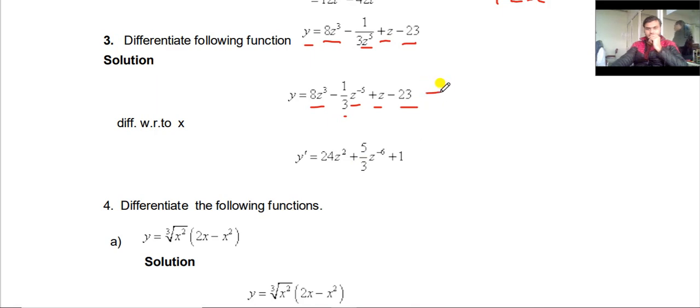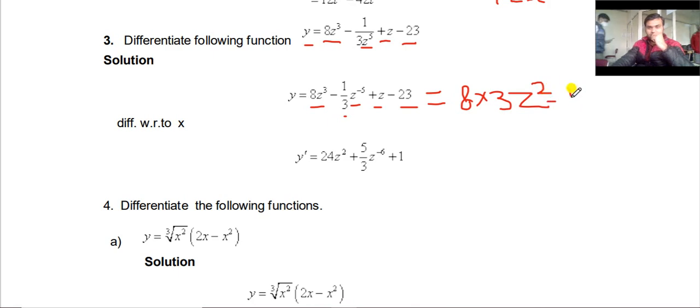Then we differentiate this. So 8 into differentiation of z to the power 3. So this power 3 comes in front, and z to the power 3 minus 1, that is 2.